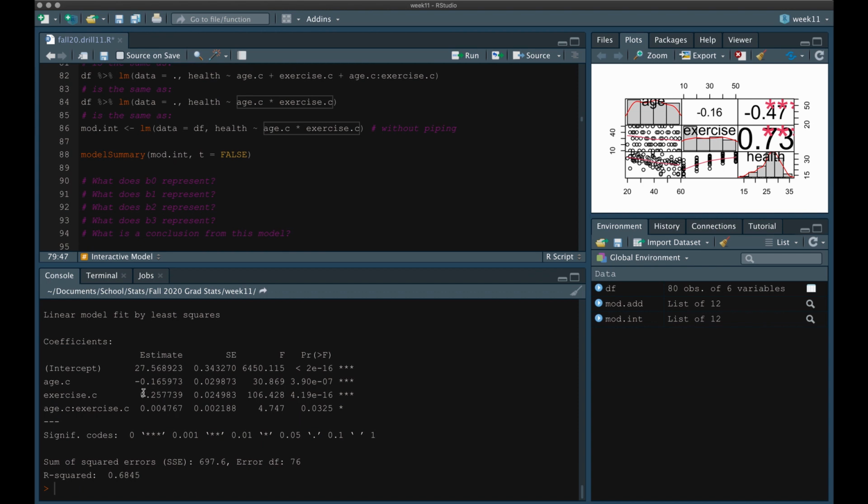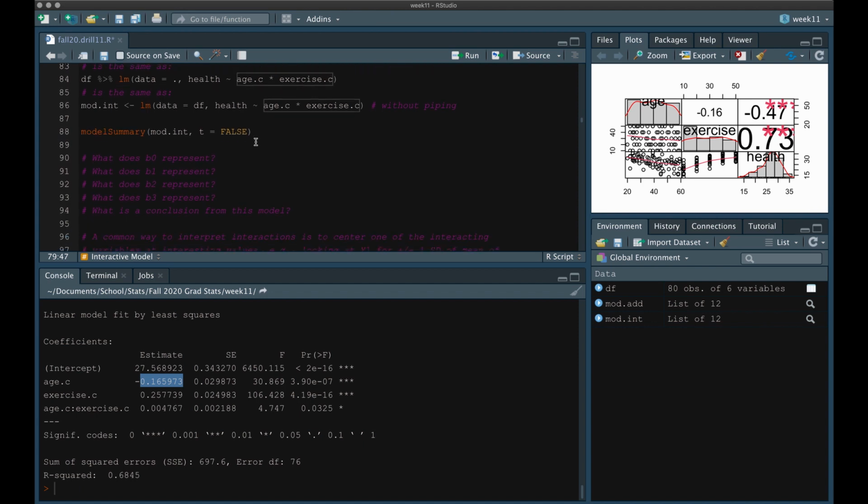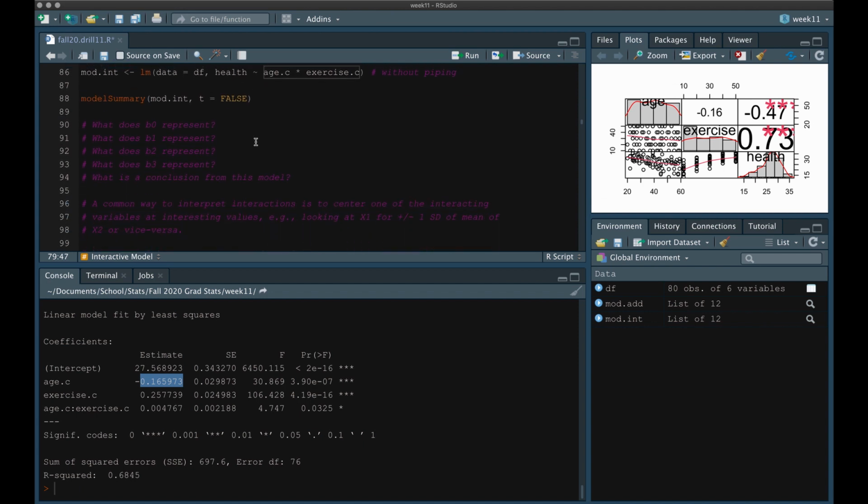For somebody of the average age, if we increase exercise by 1 unit, we expect that slope of age to change by 0.004767. If we go up by 1 more hour on average of exercise, then we would expect that slope of age to change 1 more.